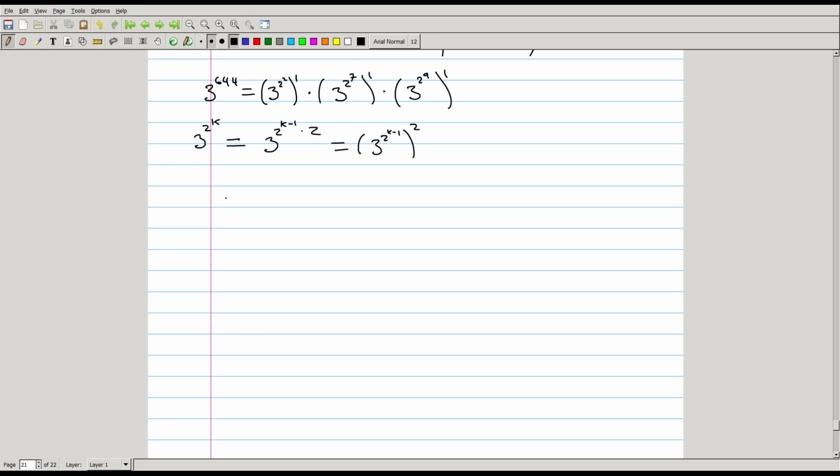Because we start off, we have 3 to the power 2 to the power 0 mod 645 is just equal to 3 to the 1 mod 645, or 3. And from this, then we have that 3 to the power 2 to the power 1 mod 645 is this squared, which is 9 mod 645.